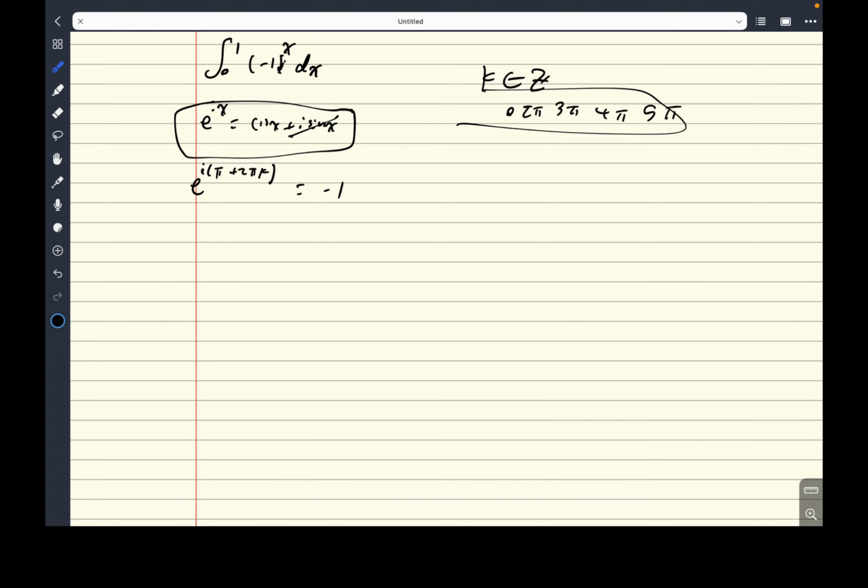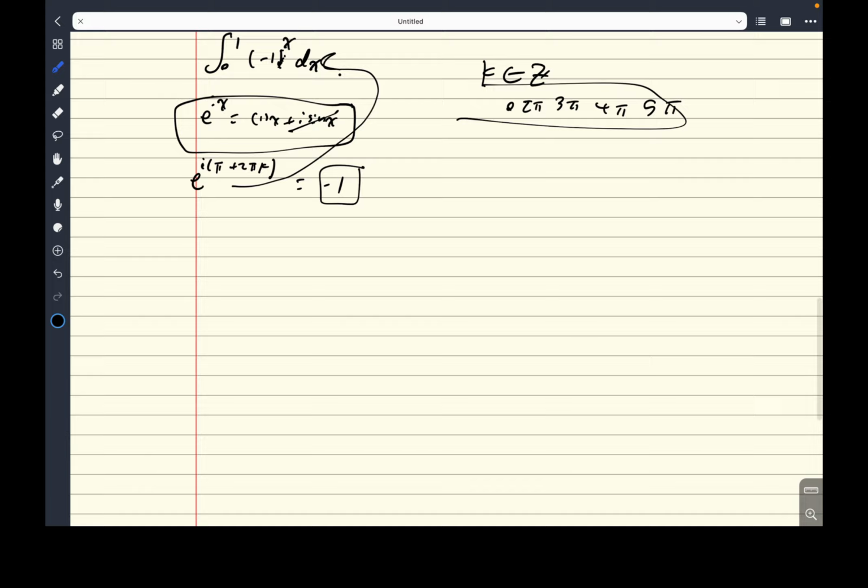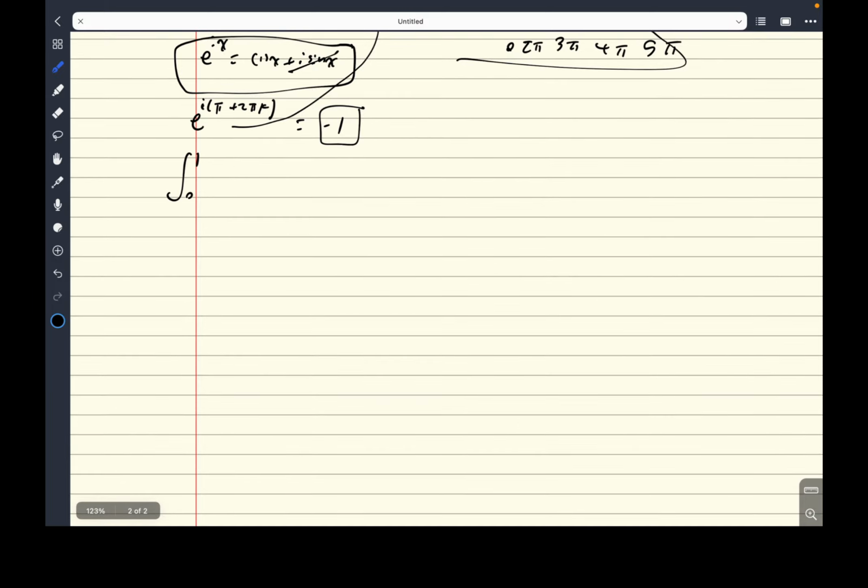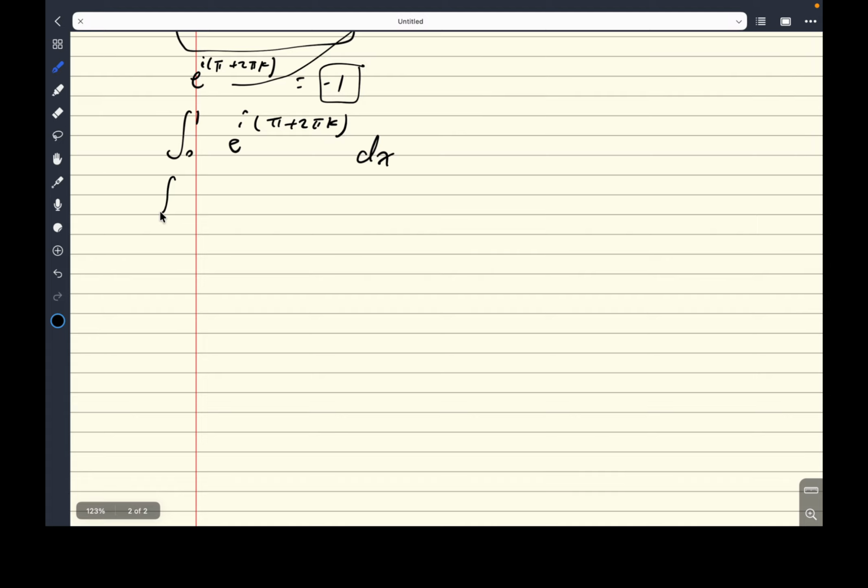Now I'm going to substitute this value here, and it's going to yield e to the power of i times (pi plus 2 pi k) dx, the integral from 0 to 1 of this. So what is the integral of this?